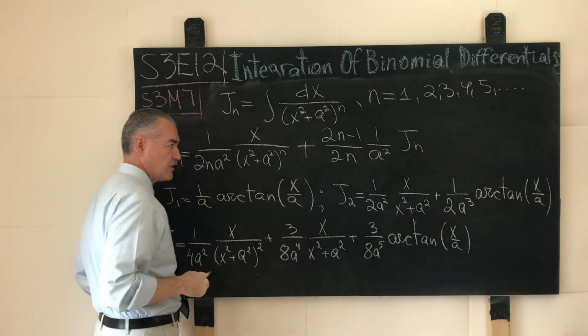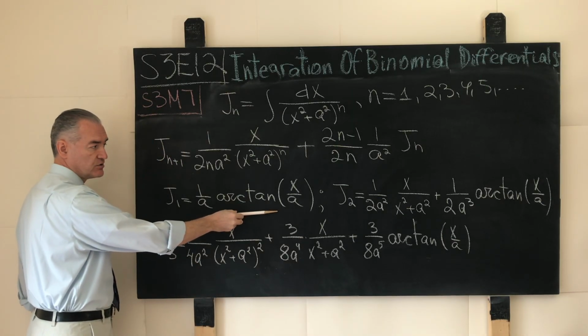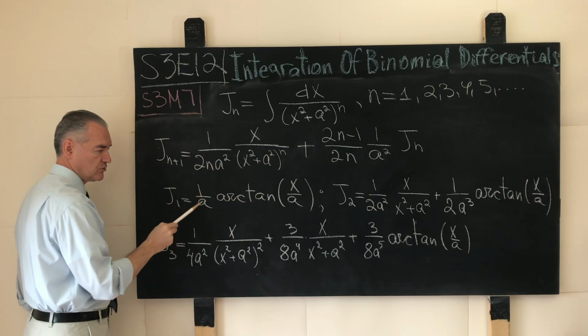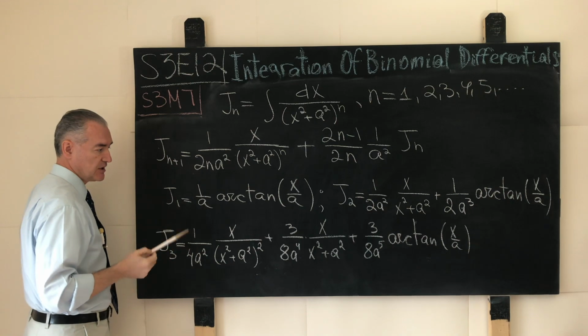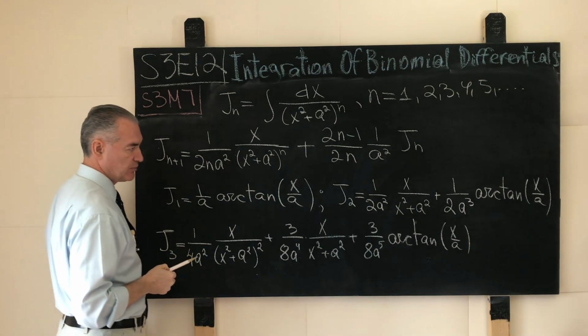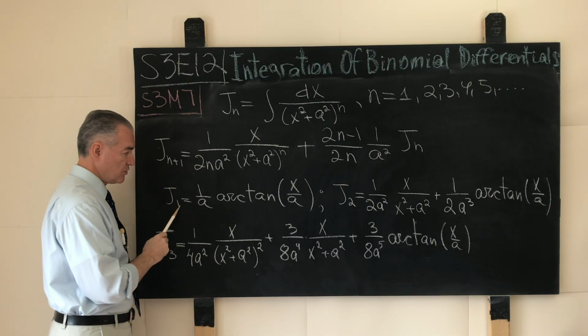We all know what that integral is. It's the arctangent of x over a, times 1 over a. a is a constant, evidently. In this case, we see that it cannot be 0, otherwise the whole thing falls apart and becomes meaningless. So this is the integral J_1.